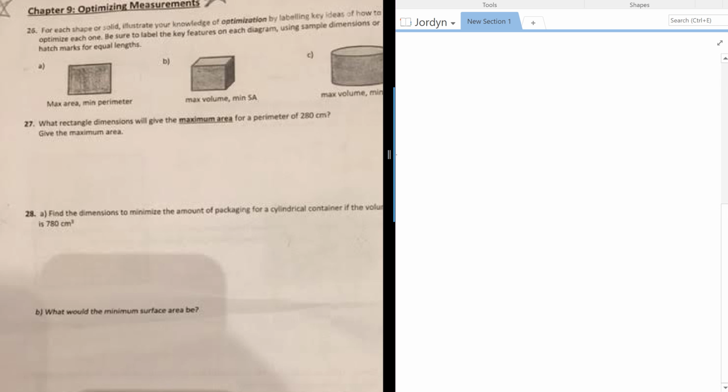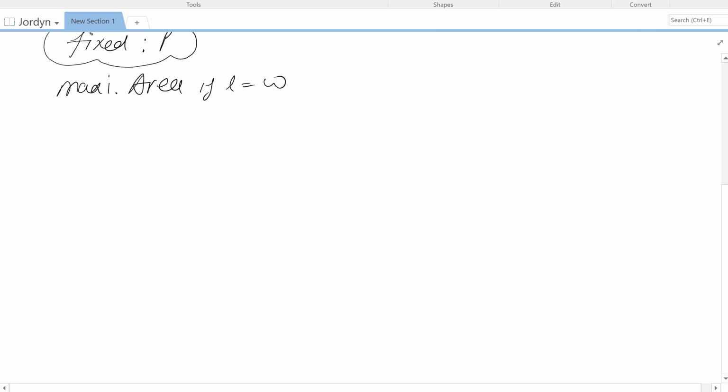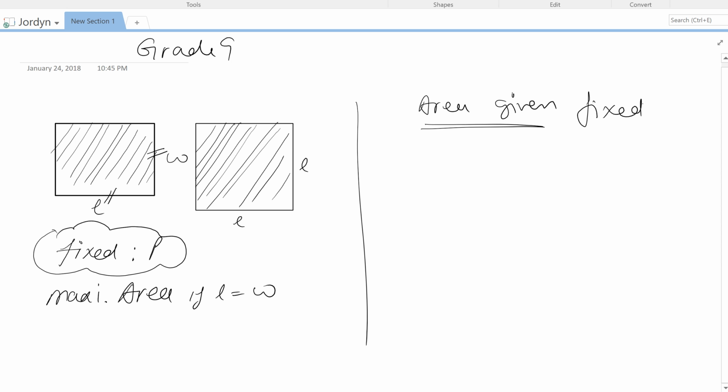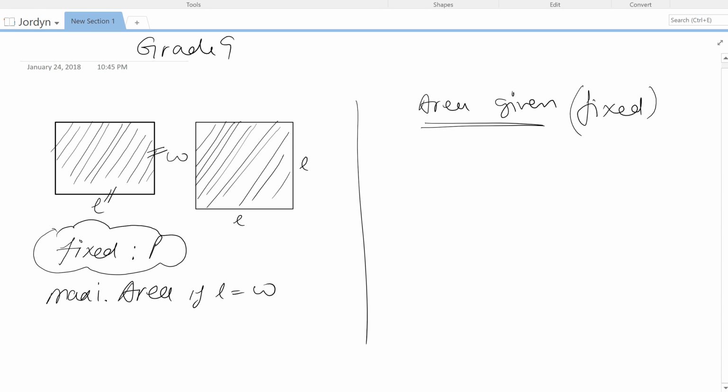If some area is given, it's a fixed area, and you have to contain the same area and minimize the perimeter P.